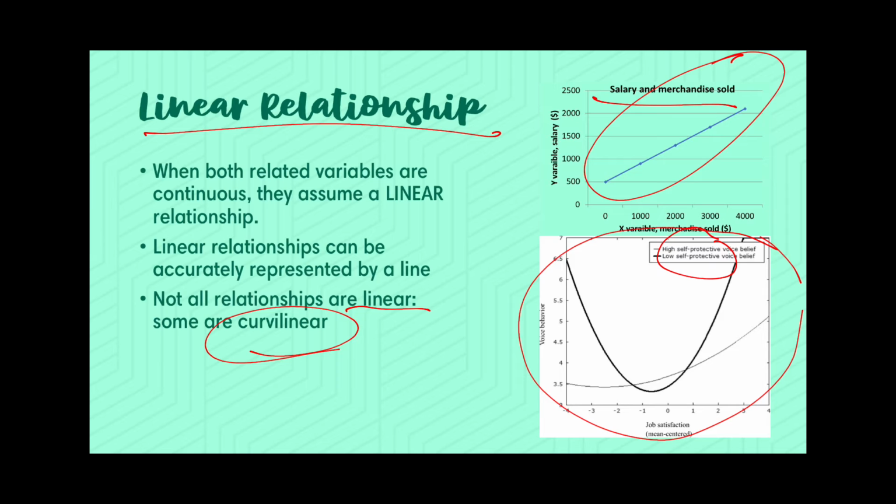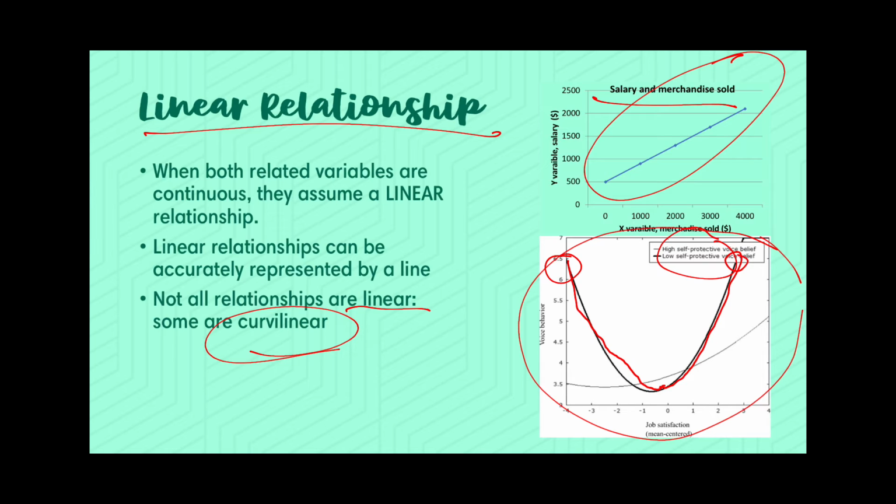It appears here that when a person has low job satisfaction, the more likely they feel they need to have their voice heard by whoever runs the company. That value goes lower as job satisfaction gets closer to the mean, and after the mean it starts to go high again. When your job satisfaction is high, you also have a sense that your voice is being heard in that company. So that's an example of a curvilinear relationship.